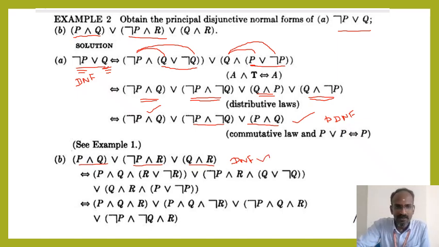So we include the R variable in the first min term by introducing R or negation R. For the second min term, we include the Q variable by considering Q or negation Q. And for the third min term, Q and R, P is to be included by P or negation P. By the distributive law, we get this statement.